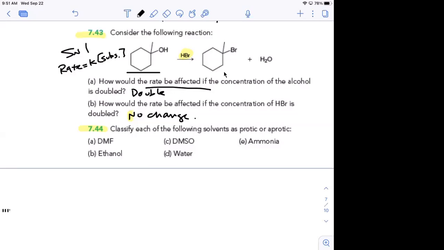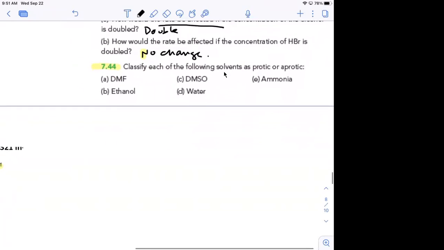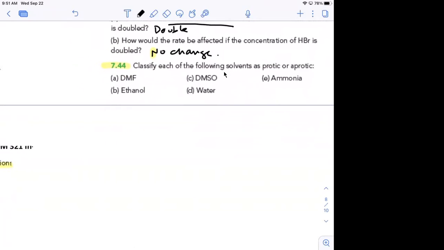This is good. All right, let's look at 744 and then we're going to stop. It says classify each of the following solvents as protic or aprotic. Let's do water and ethanol. What do you think? Ethanol is an alcohol.